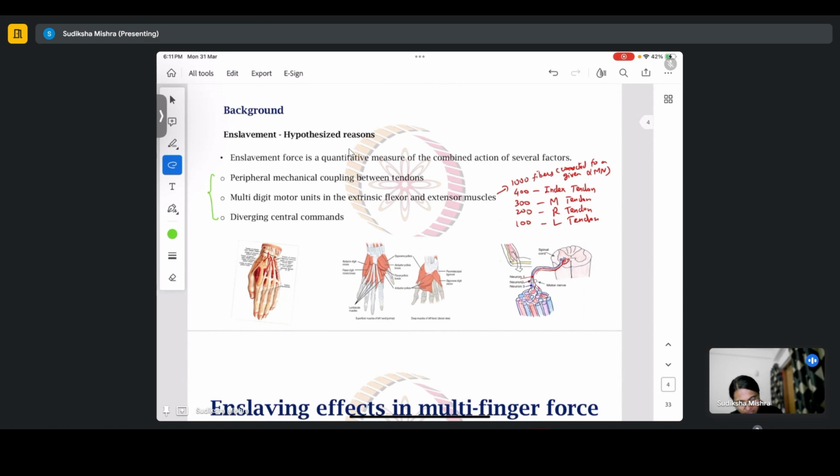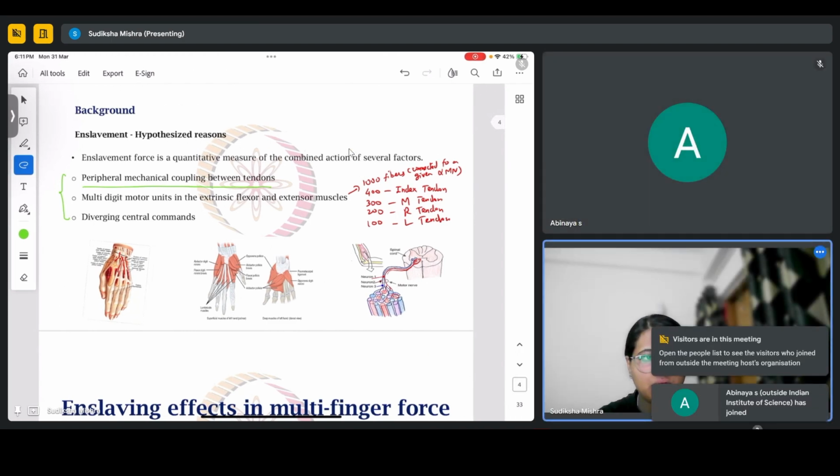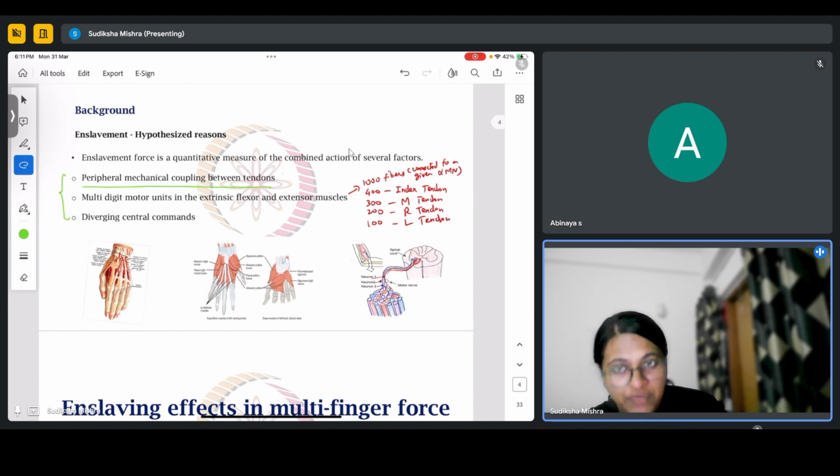One is the peripheral mechanical coupling between the tendons, which is essentially a result of the intertendinous force transmission that occurs between adjacent fingers, or between different fingers: index, middle, ring, and little.